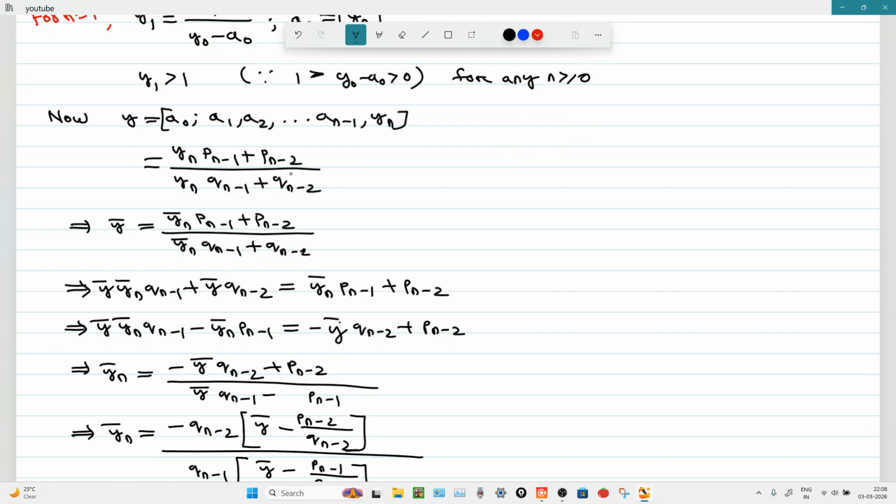This is from the formula y equals a0, a1, a2, ..., a(n minus 1), yn, equals (yn p(n minus 1) plus p(n minus 2)) divided by (yn q(n minus 1) plus q(n minus 2)).